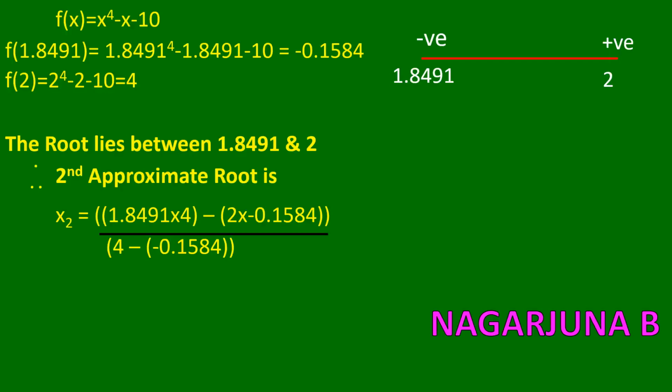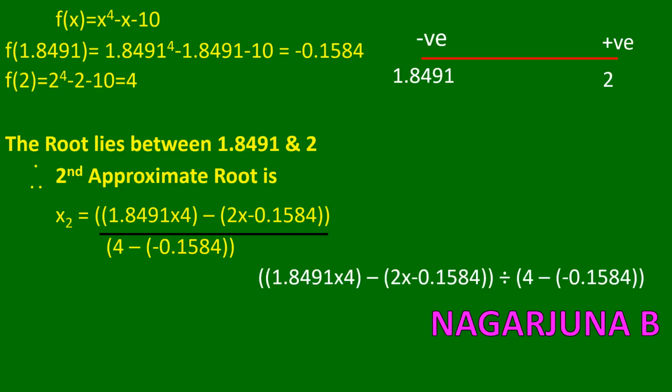In the calculator you can write it this way: open the bracket, a value 1.8491 into f of b, which is 4, close the bracket, minus, open the bracket, 2 into, then f of a, which has a negative value, so use the small minus sign present in the calculator, minus 0.1584, close the bracket, again close the bracket, divided by, open the bracket, 4 minus, open the bracket, minus 0.1584, close the bracket, again close the bracket.